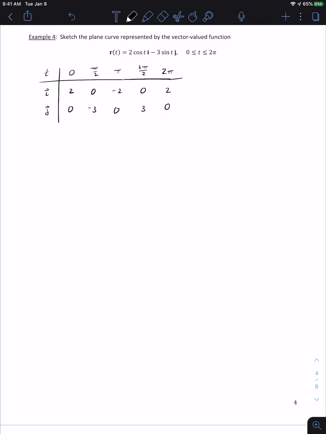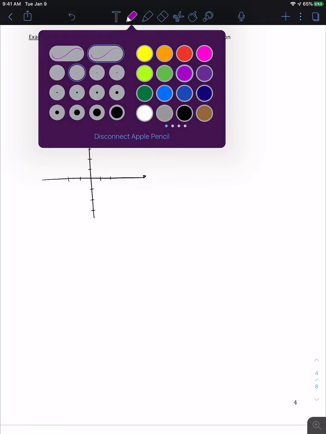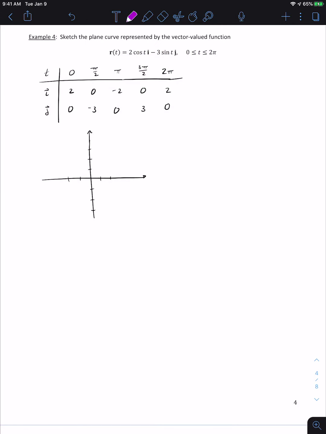Okay, let's go ahead and sketch this. If I were going to do this on a graph, I'm going to have 1, 2, 3 marked on each axis. I go to graph my first one here. It's the vector 2, 0, so that is this vector right here.